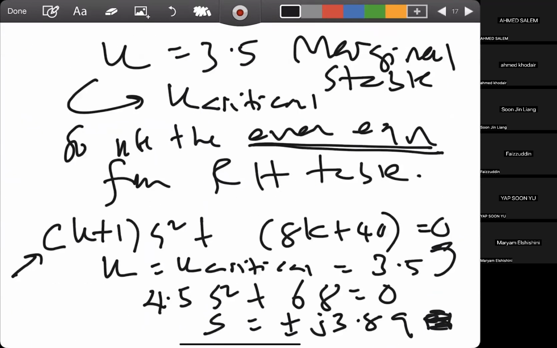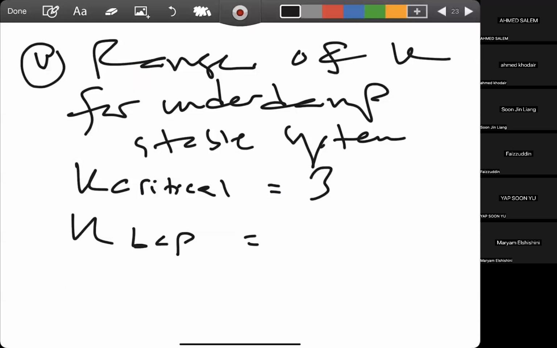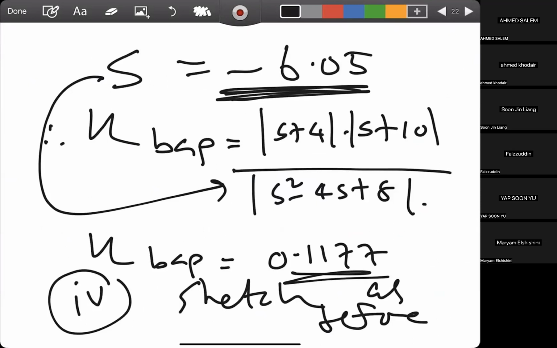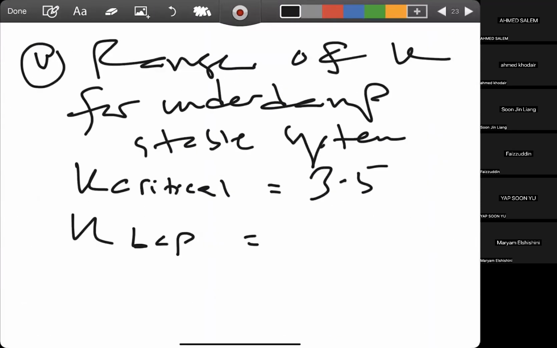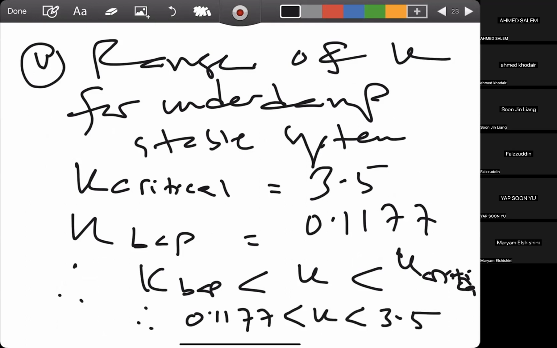Where do you get it? The previous slide. Yes, 3.5. And KBAP? 0.1177. So the range will be KBAP less than K less than K critical. Okay, so that is the answer.